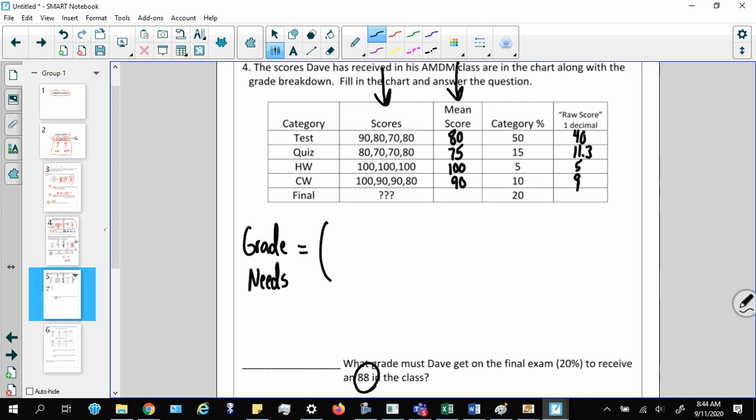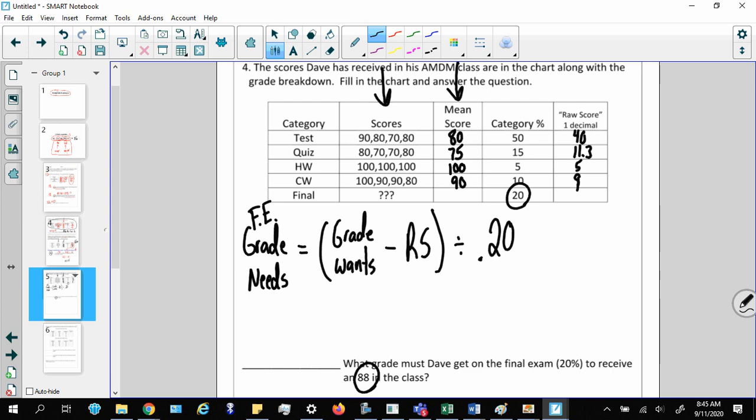And of course, when I say grade he wants, I mean the final exam grade he needs. The overall grade he wants, minus all the raw scores, RS, and then I'm going to divide that by 0.20 because that is the final exam percentage.